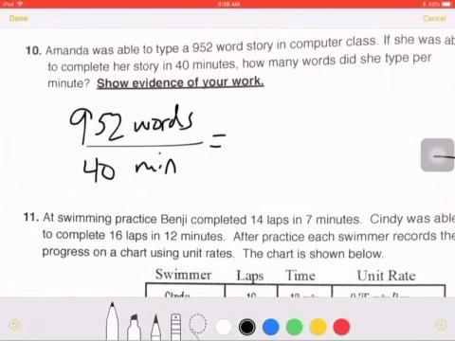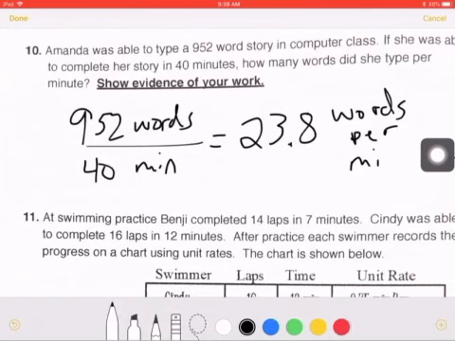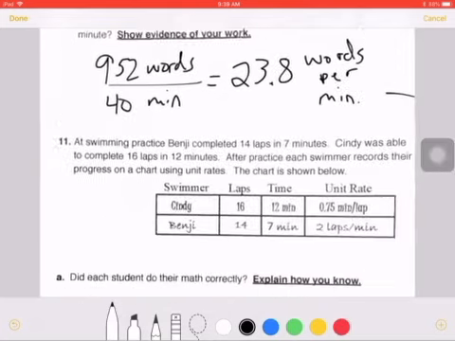And I can do the division in my calculator. When I do that, you get a decimal. A lot of you guys were rounding. You don't have to. We can use decimals here. So it's 23.8. And we label it. Look at your work. It's words over minute. So it's words per minute. And that's how fast she was able to type.